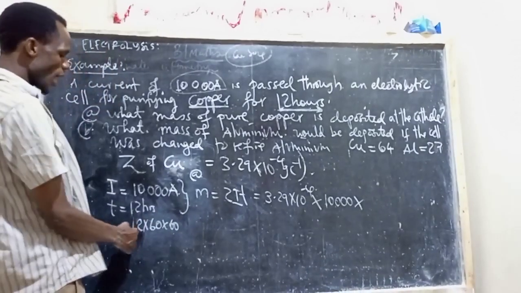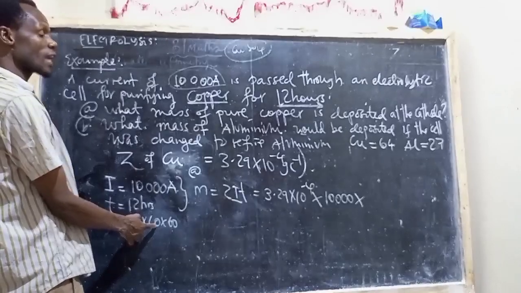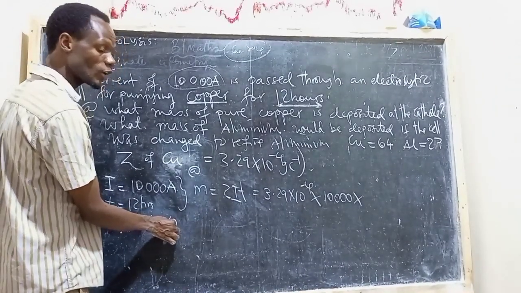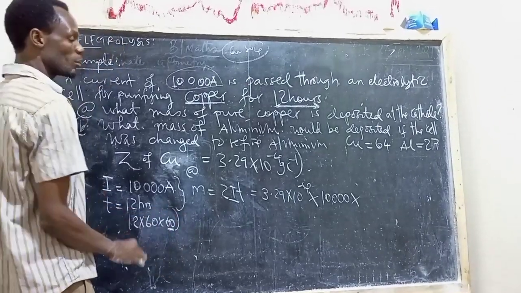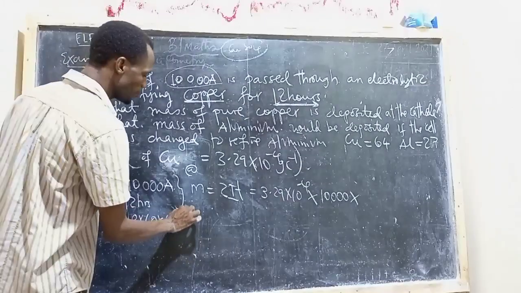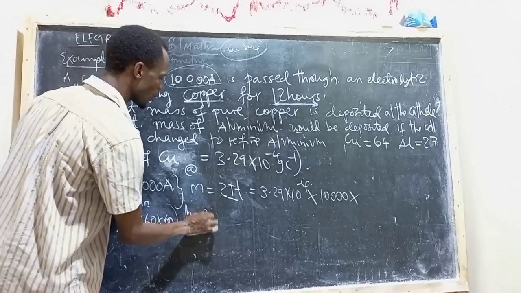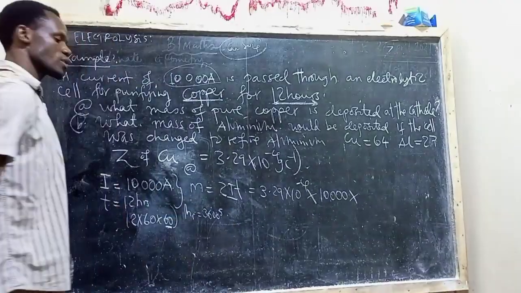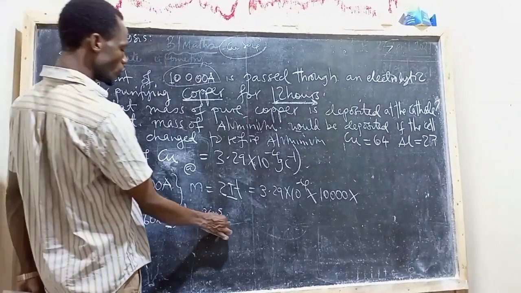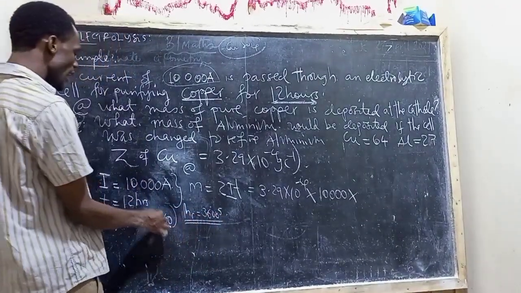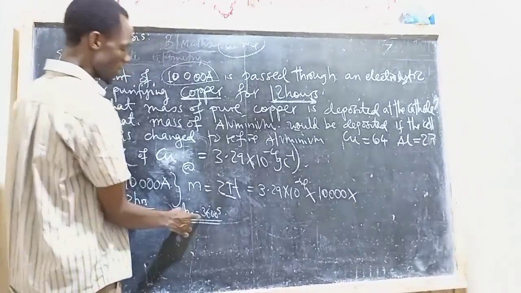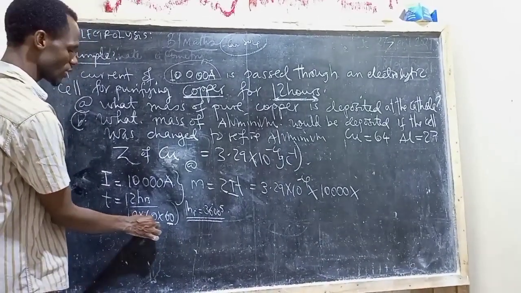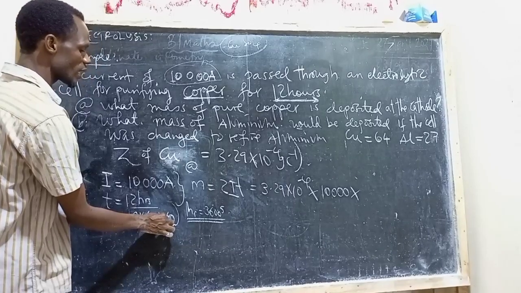Why is it so? Once you multiply by 60 for the first time you obtain minutes. Then you multiply once again by 60 to obtain seconds. Because we have to know that 1 hour is equal to 3600 seconds. So we use this principle to convert hours into seconds. In short, we multiply by 60 the first time to obtain minutes, and by 60 the second time to obtain seconds.